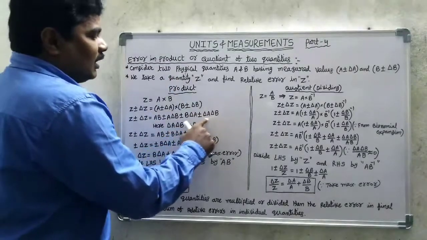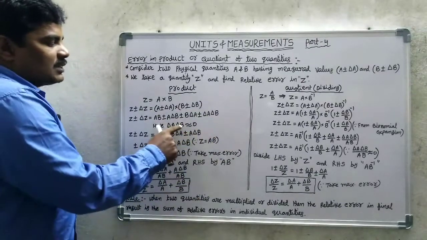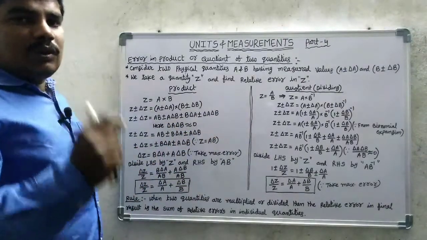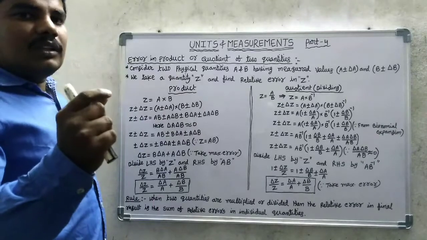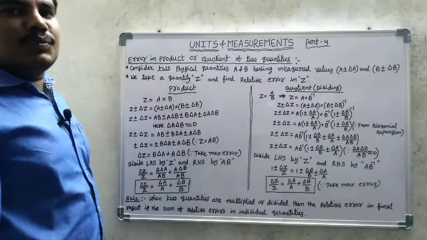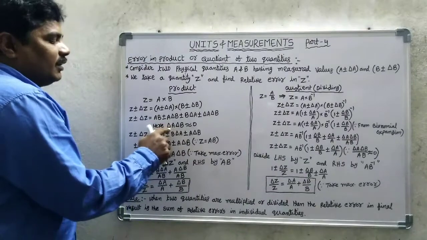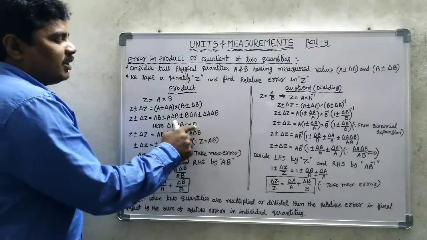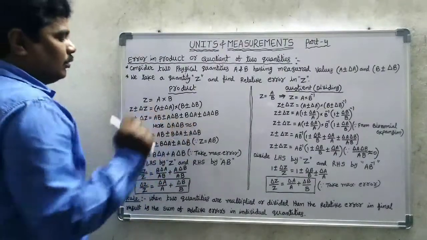Here delta A and delta B product is approximately 0. Why? Because that value becomes very small. That's why delta A delta B is approximately equal to 0.